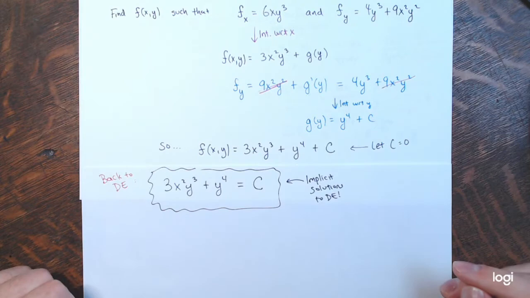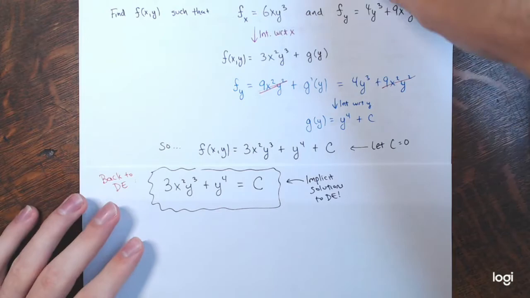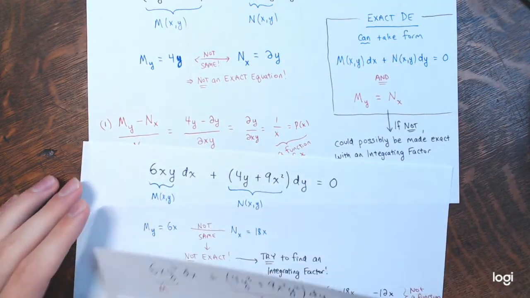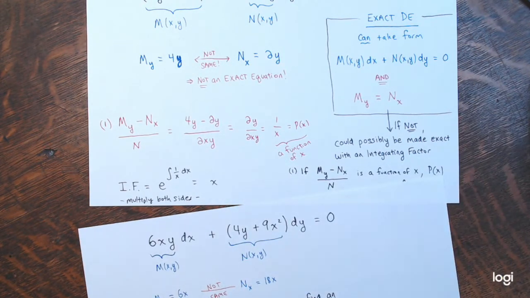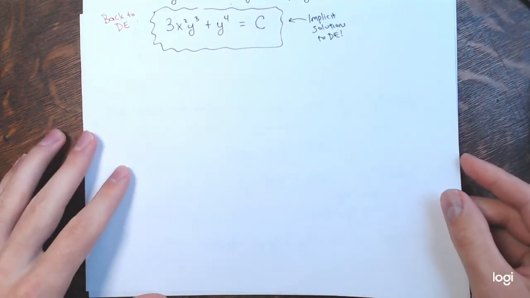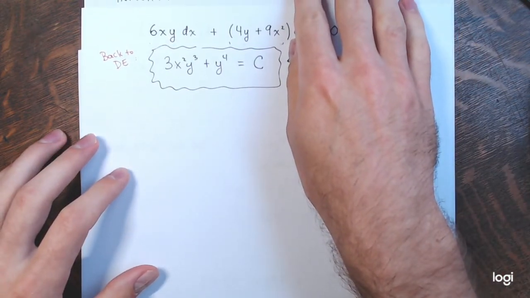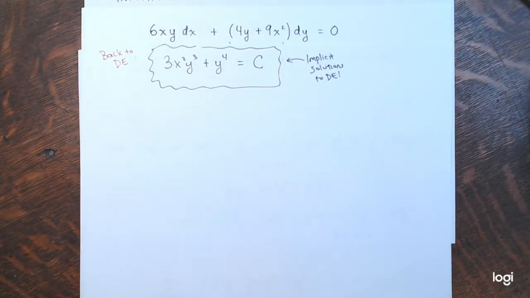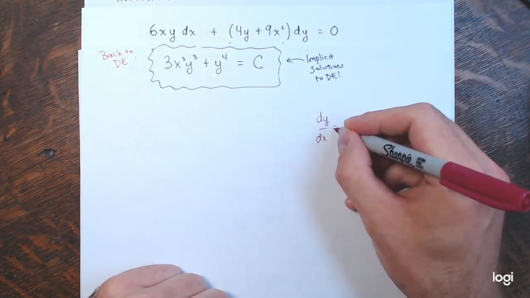And then again, just to get a feel for the look of these things, let me go back to the original equation. Oops, it's off screen. I apologize. Since it's a first order equation, I'm going to put it into my slope field generator and take a look at a slope field.